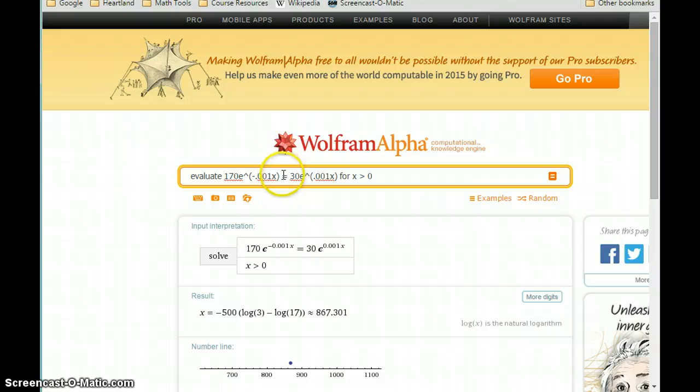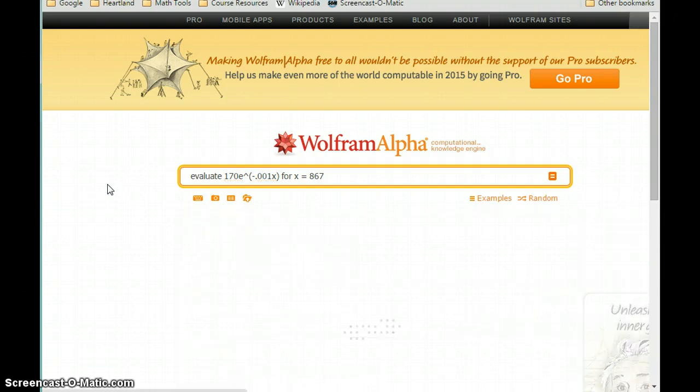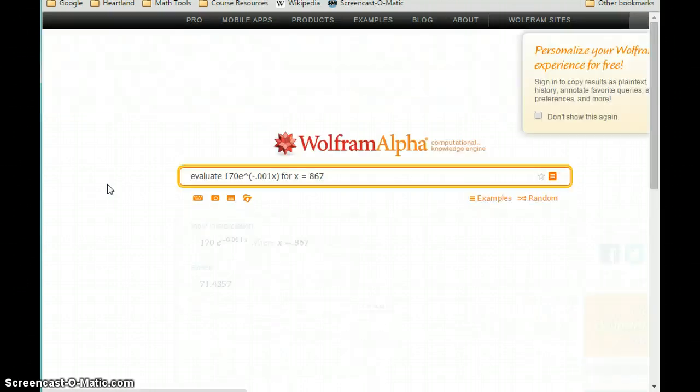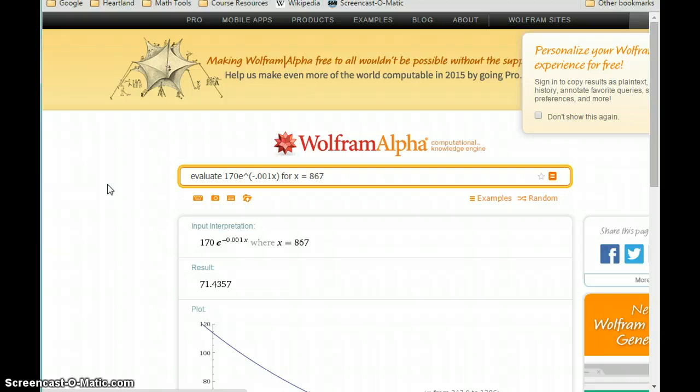We can take that value for X bar, plug it into either the price demand equation or the price supply equation. So in this case, I'm using D of X, that price demand equation, and I'm going to evaluate this for X equals 867. Which gives me a price, so a P bar value, of about 71.